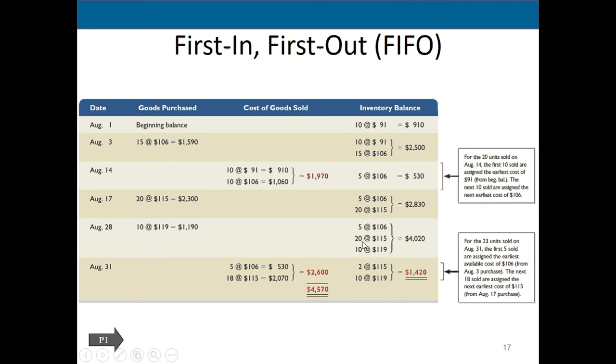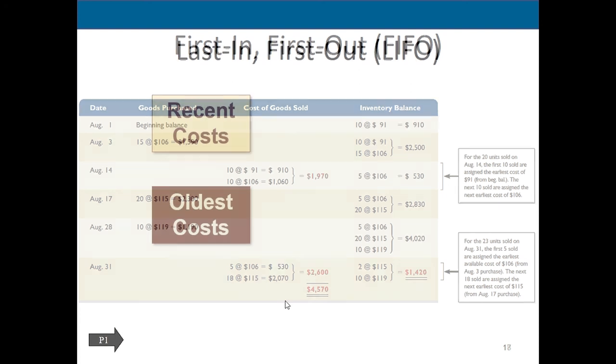It leaves me 2 of these units and all 10 of the 119. First in, first out. I'm expensing out the oldest items first. I have a total inventory balance now using FIFO of 1,420. First in, first out usually jives with most people. Everybody kind of gets it, right? It feels natural to take the oldest cost first.